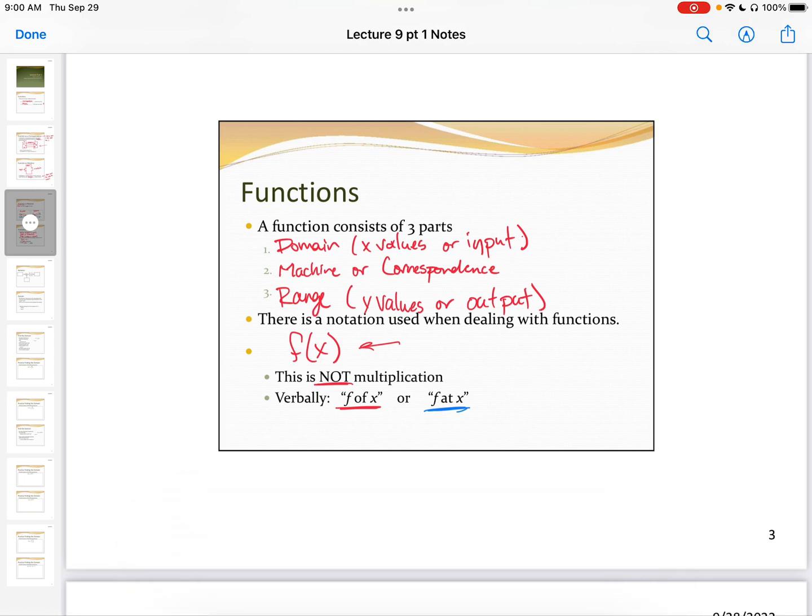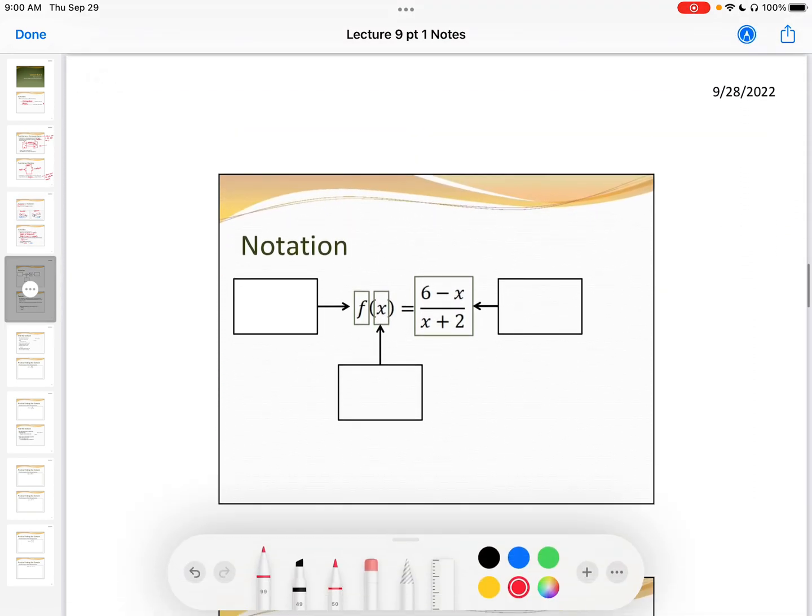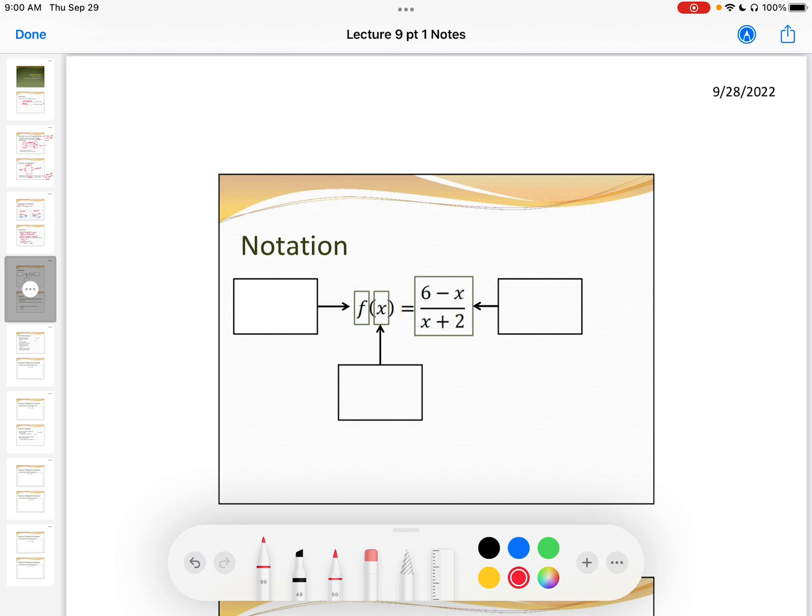And then the last thing that I want to go over with you guys here is this little notation identifying each of these parts. This x, whatever's inside those parentheses, is your domain element. That is going to be your x value. Whereas on the right, this big thing is called your range element. And this is how we find our y value, because basically you will input whatever your x value is into each of those x's there, and then you will simplify it to tell you what the y value is.